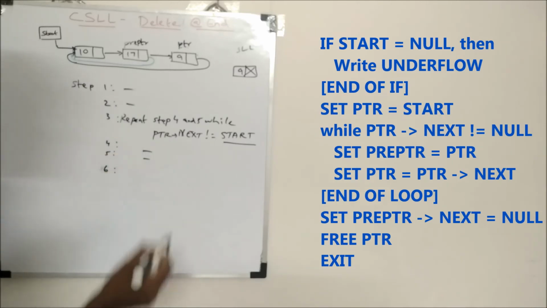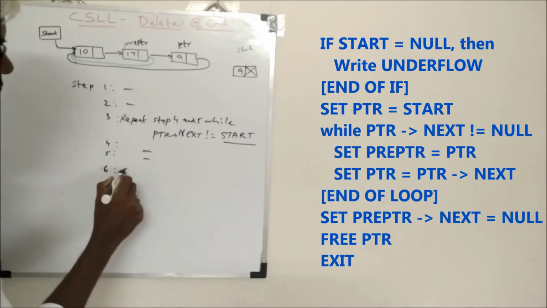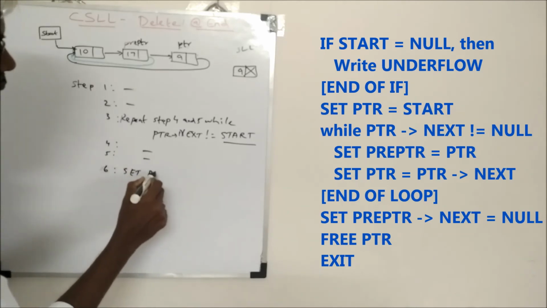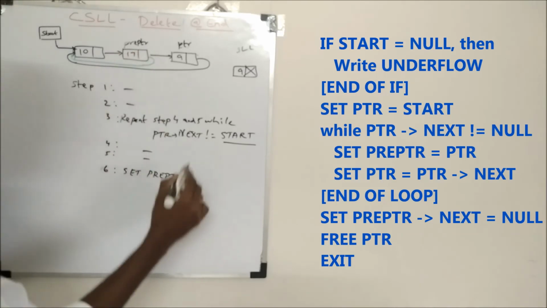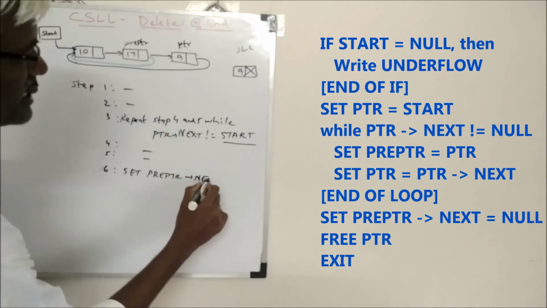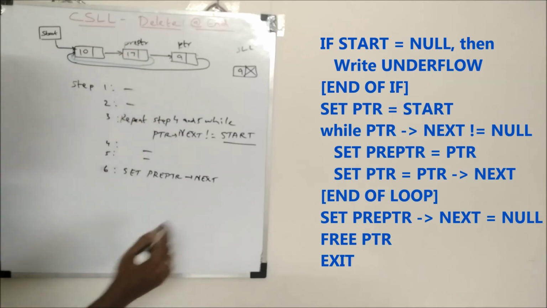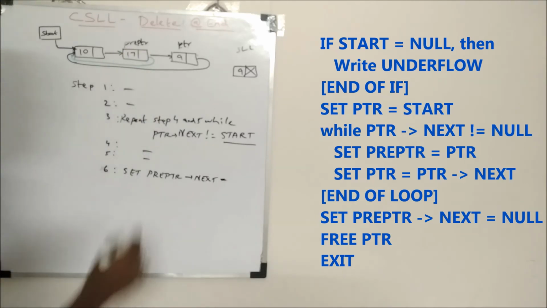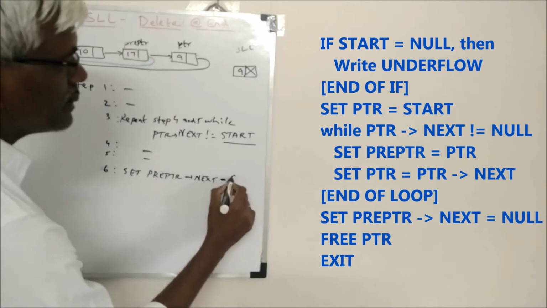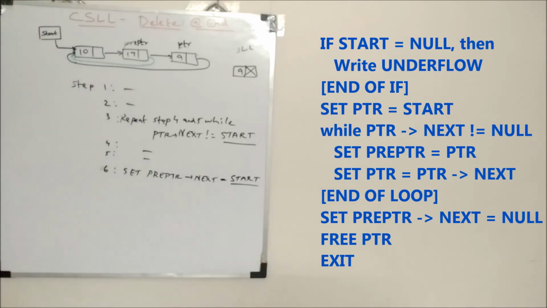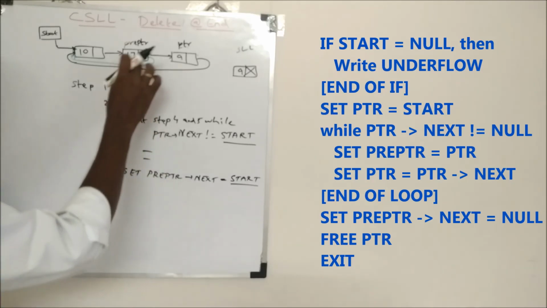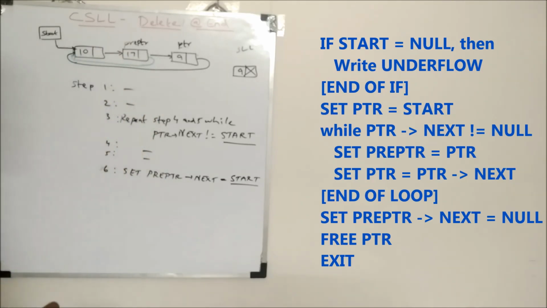In step 6, what is the change required? Set pre-PTR of next equal to what? It should be start, whereas in singly linked list it is null. Now after establishing this link, what do we have to do?